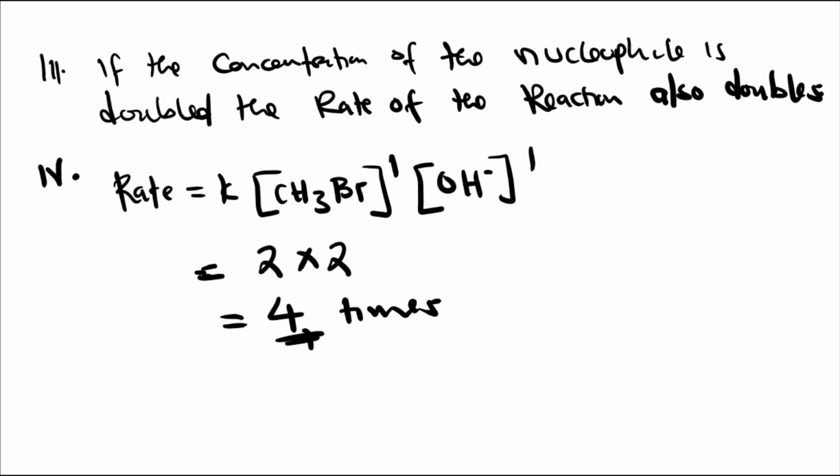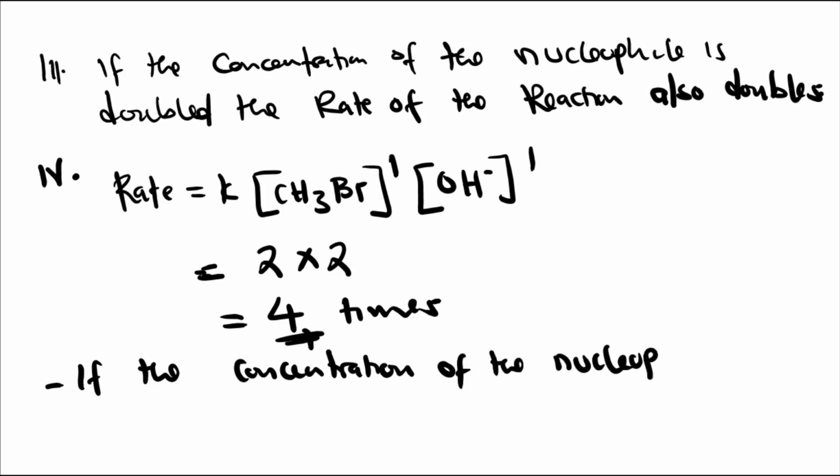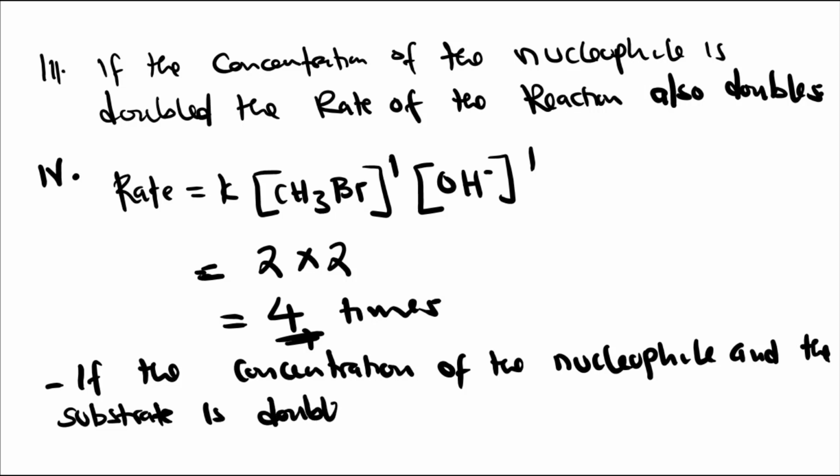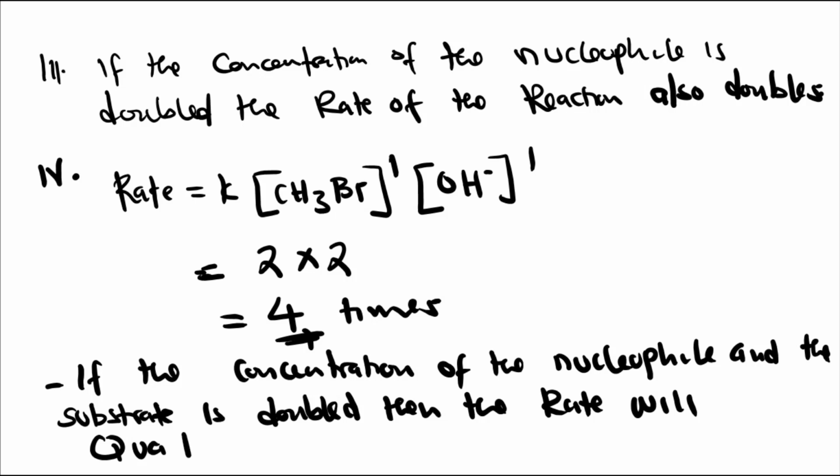So if the concentration of the nucleophile and the substrate are both doubled, then the rate will quadruple. Okay, so the rate will quadruple. It will be 4 times. So that is how you are supposed to answer question 1.